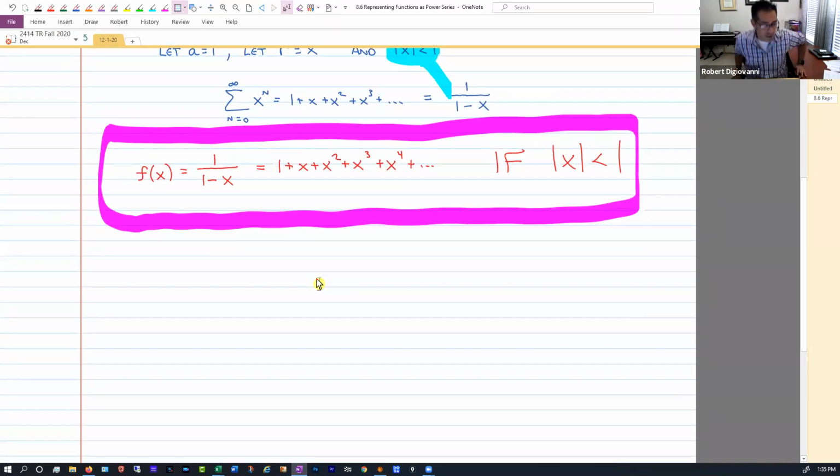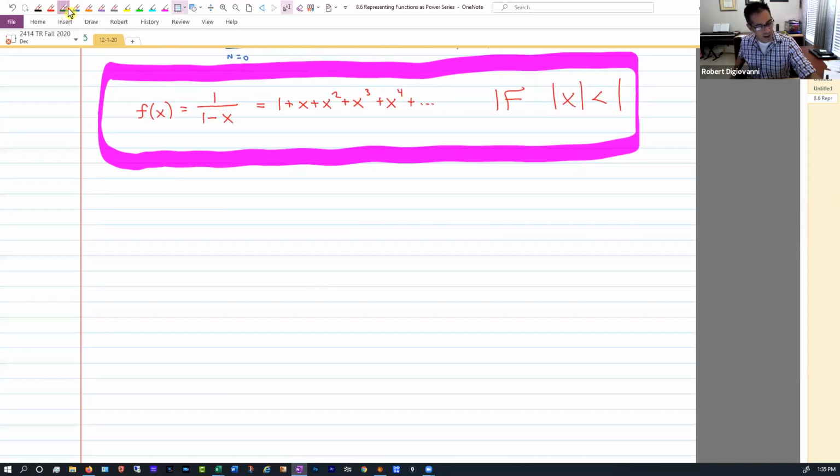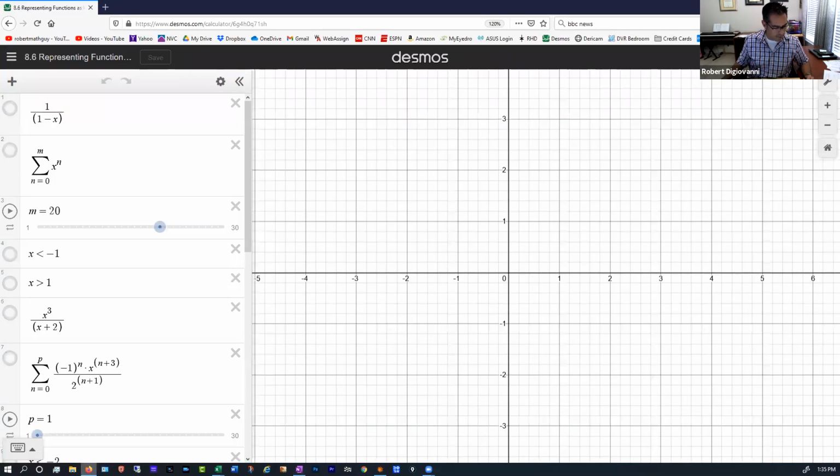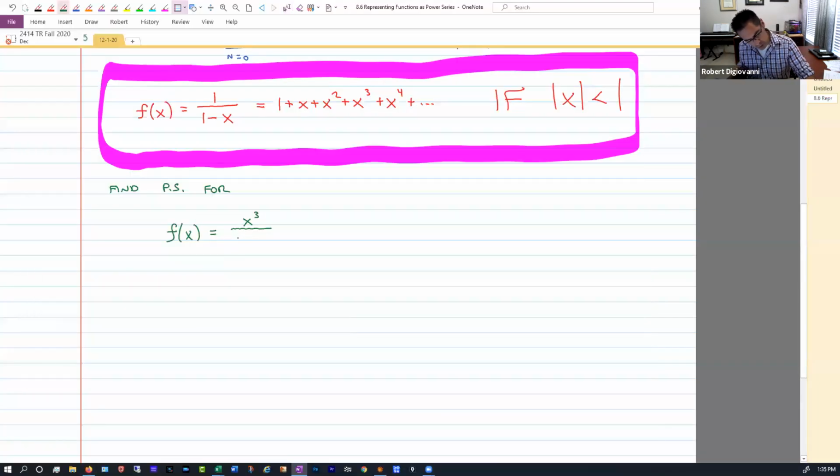So now what I'd like to do is I'm going to leave that there. I'd like for us to find a power series, PS, for f of x equals x cubed over x plus 2, the same problem that I have ready to go in the graph.